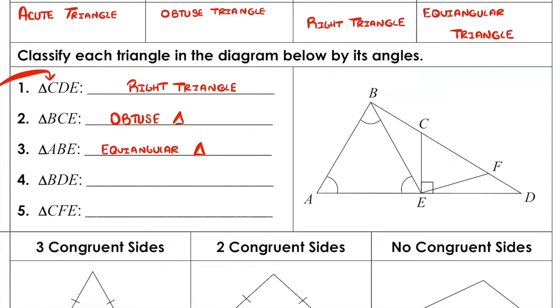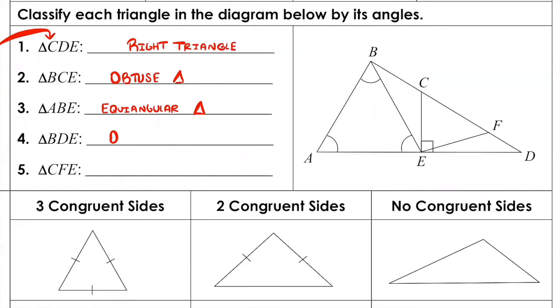BDE. So B to D, B to E. Obtuse? Yeah? And then lastly, CFE.